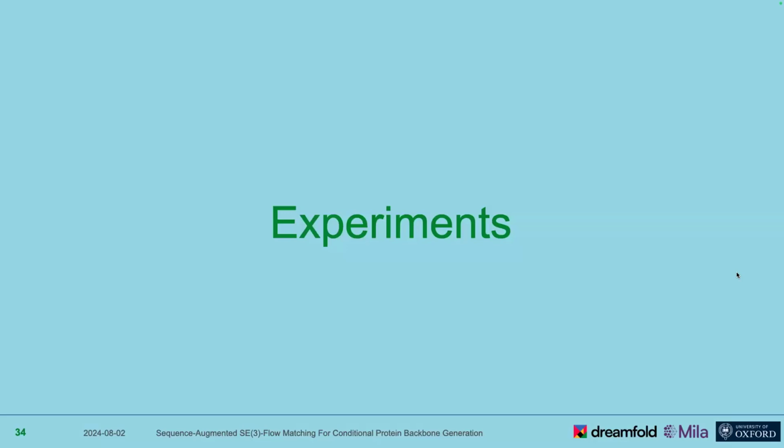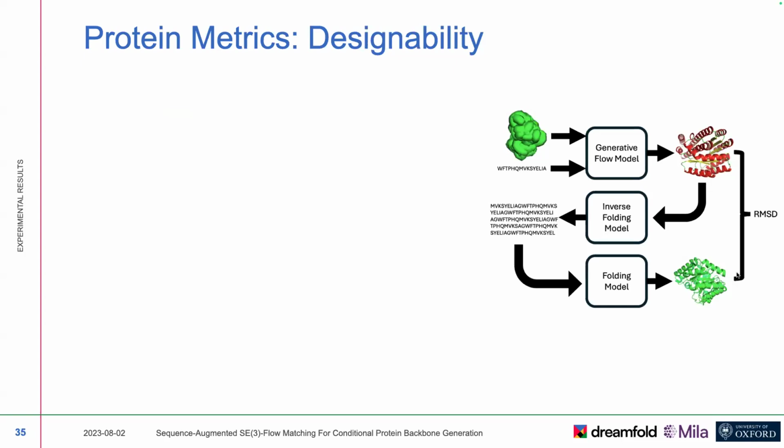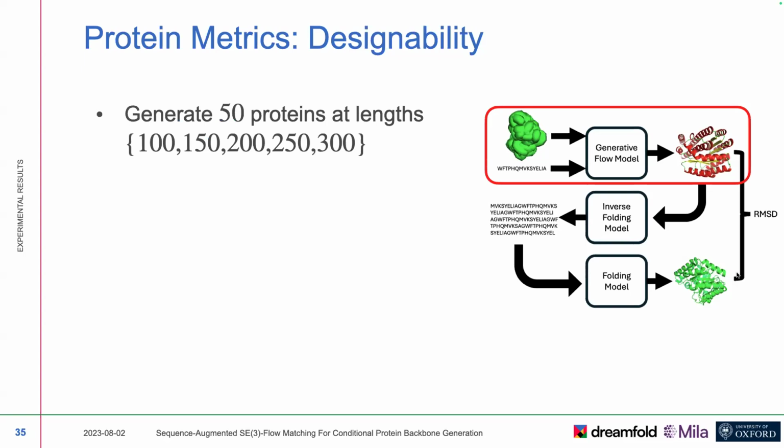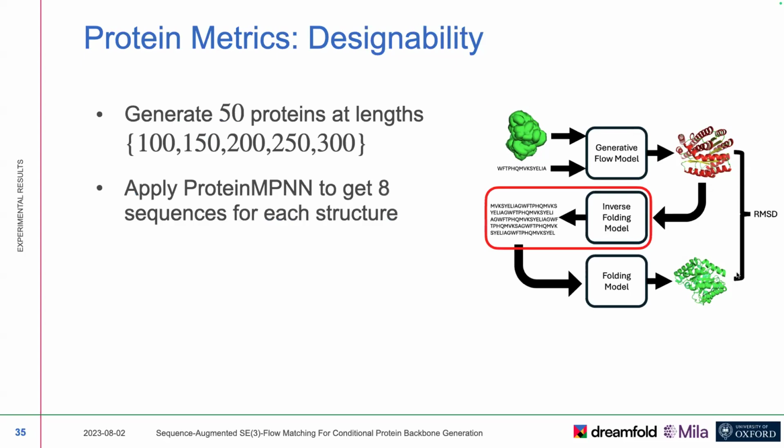So now we'll follow with the experiments. Before presenting the results on unconditional generation, we'll quickly review how we evaluate the generated proteins. A first criterion is the designability of the generated protein. We start by generating 50 proteins of length 100 to 300. We then inverse fold these proteins.